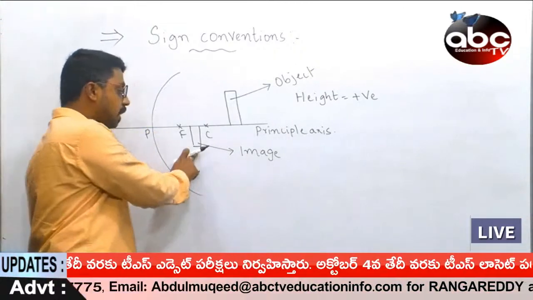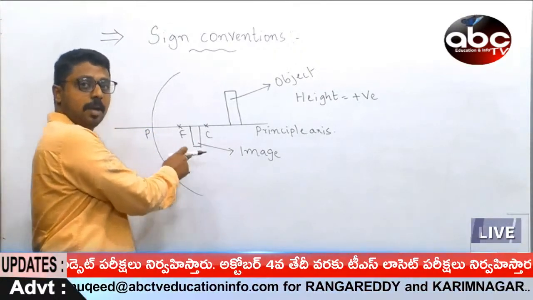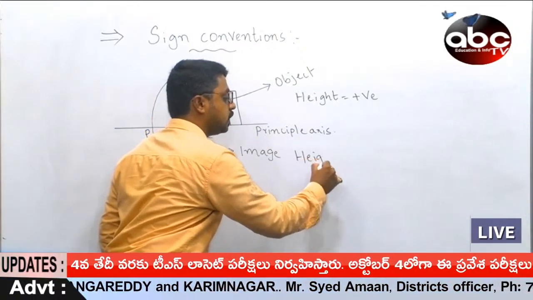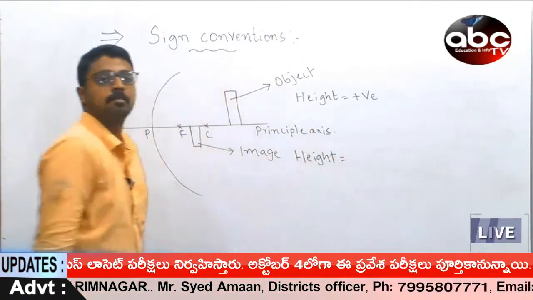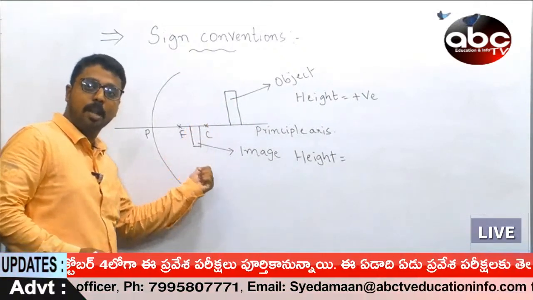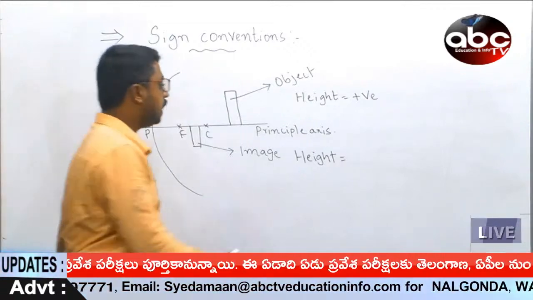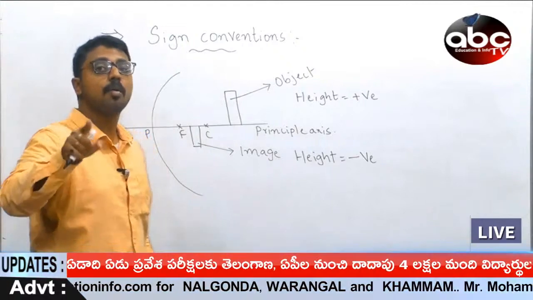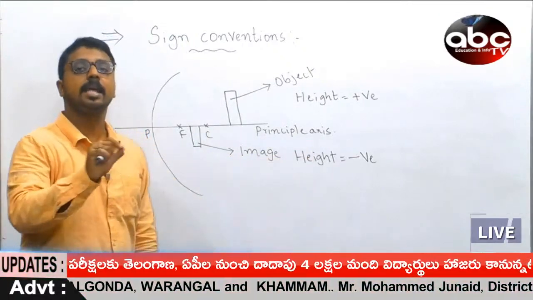Whereas if the image is formed below the principal axis, as you see here children, the height should be noted with the negative symbol.